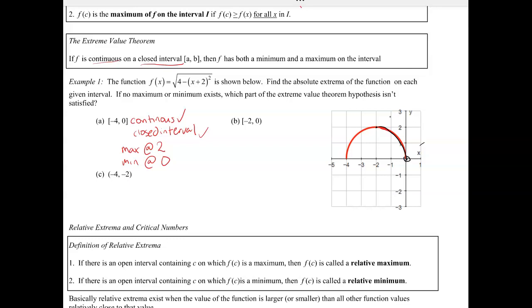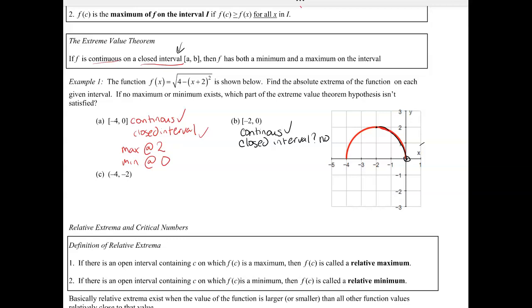Is it continuous? Yeah, I can draw that without picking up my pencil if I really wanted to. Is it on a closed interval? No.